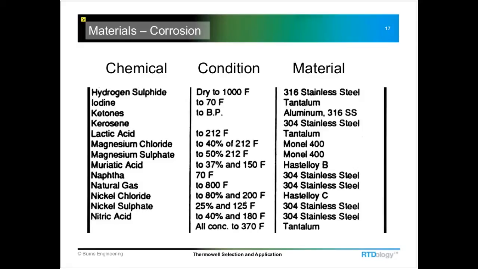This is just a small excerpt of one of the tables, and they include materials all the way from just regular carbon steel up to tantalum and hastelloys and all of the different exotic materials. And in addition to those, you will see some plastics listed, such as Teflon, Kynar, and some other things like that.